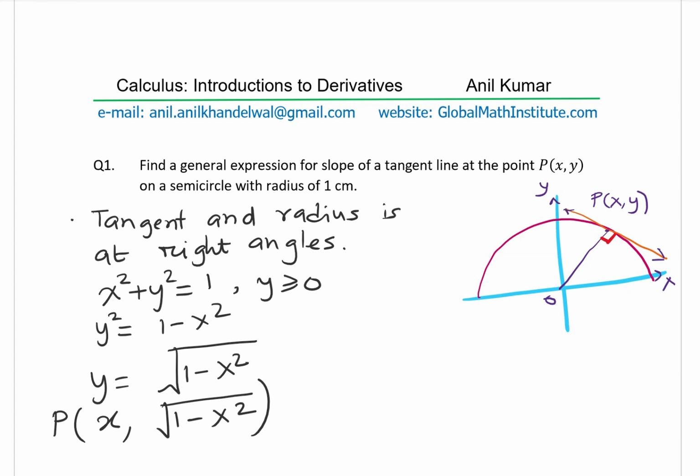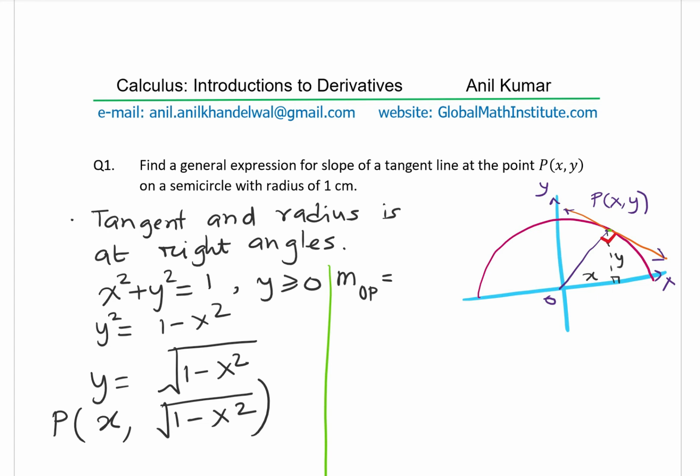Perfect. Now, you know this point's x and y values, and you can find the slope of OP. So let me write down what the slope of OP is now. The slope of O to P is basically the y value. If I drop this perpendicular, in that case this is x and that is y, correct?